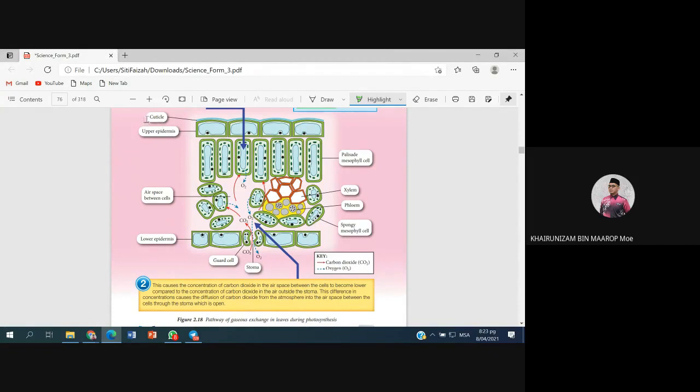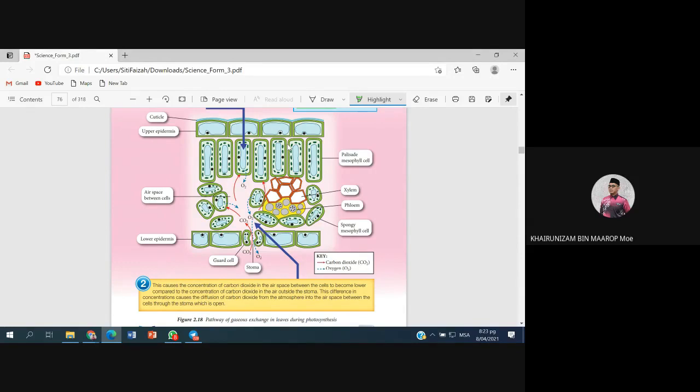Okay, if you look at here, this is a cuticle. Cuticle itu adalah bahagian atas daun. If you look at the leaf of the plant, you can see the difference between the surface of the top of the leaf and the bottom of the leaf.